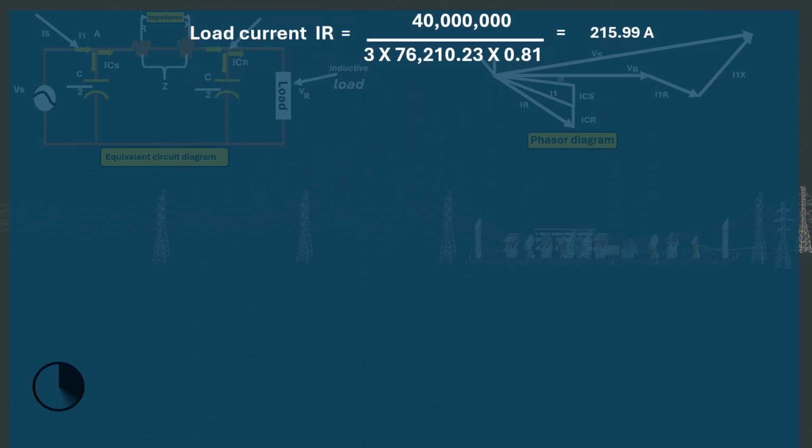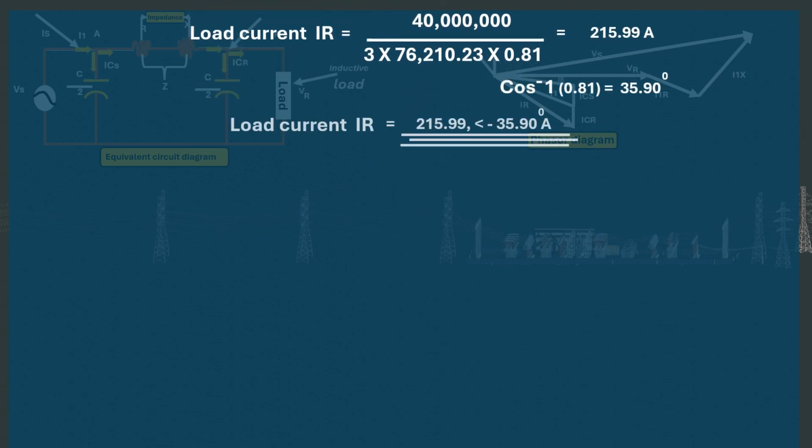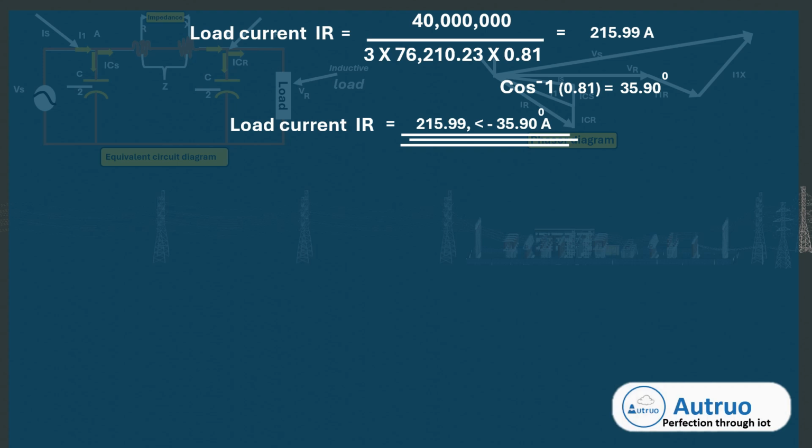And when we further consider the angle of the current, then the receiving end current is 215.99 at an angle of minus 35.90 degrees. The impedance of the line can also be calculated.